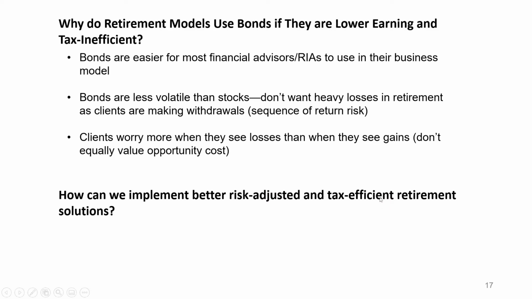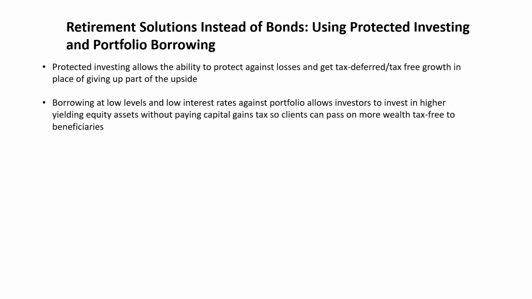Instead of bonds, what can I do to reduce volatility, minimize taxes, and increase after-tax returns? A couple of solutions we'll be talking about in the next sections of this presentation are retirement solutions. In place of bonds, what can we do to protect against volatility and minimize taxes?